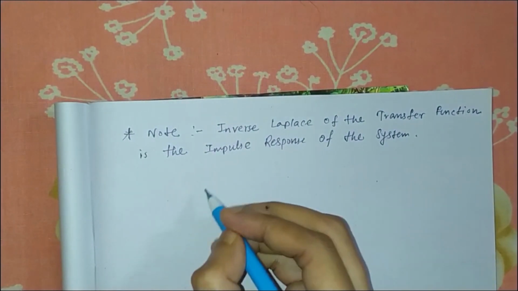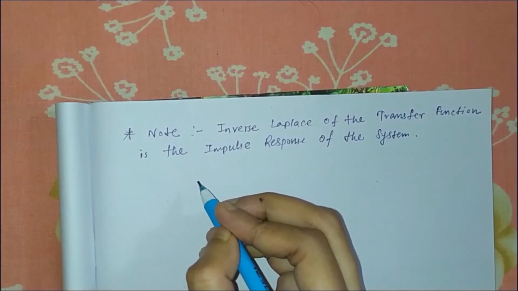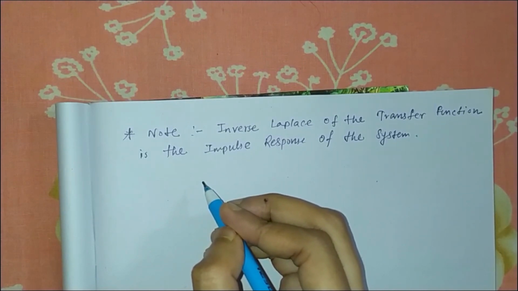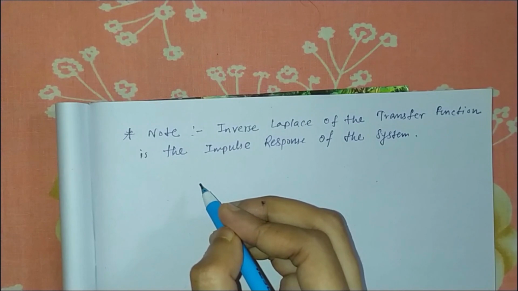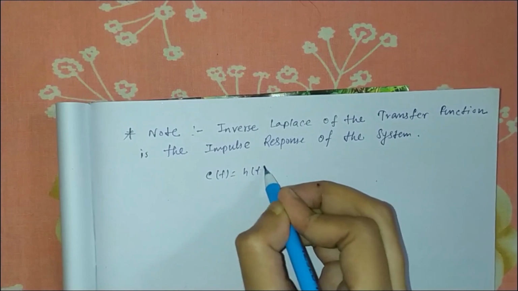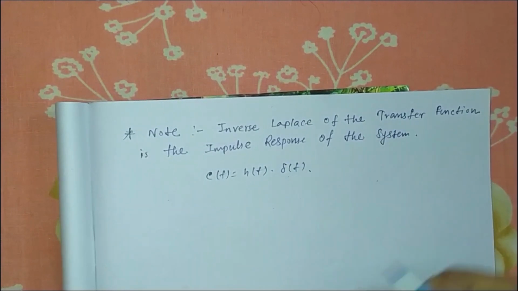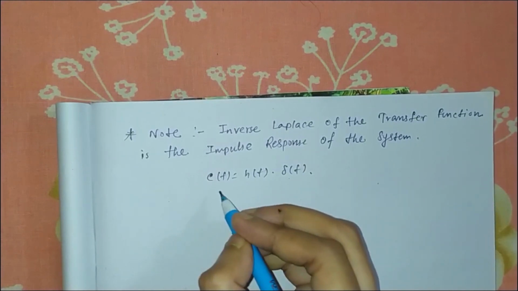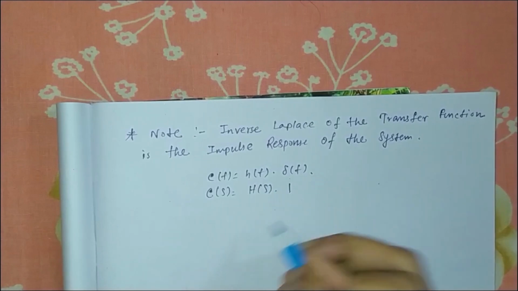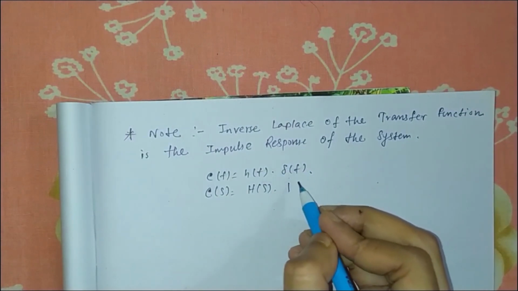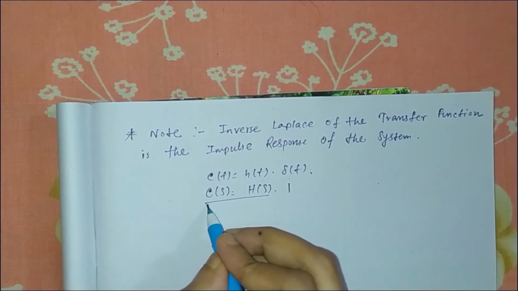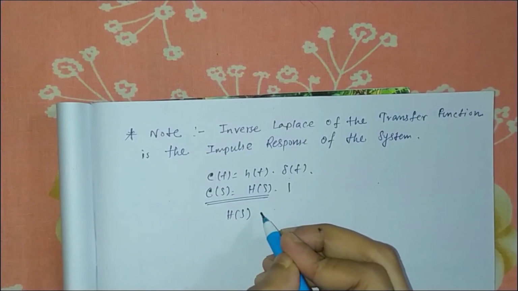Why is this? When I give the input as delta, the impulse, in my system, I get the output C of t is equal to H of t into del of t. After doing the Laplace, I get C of s is equal to H of s into 1, because the Laplace transform of del of t is 1. So H of s is my transfer function.